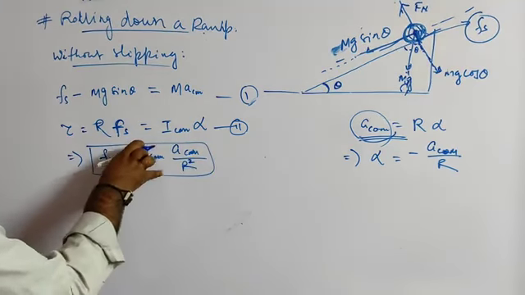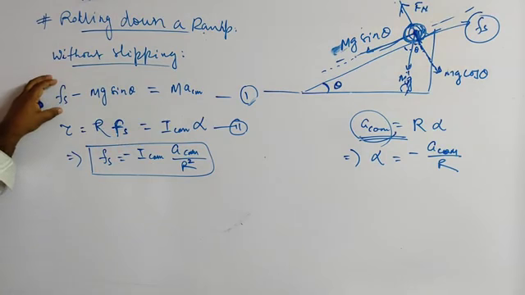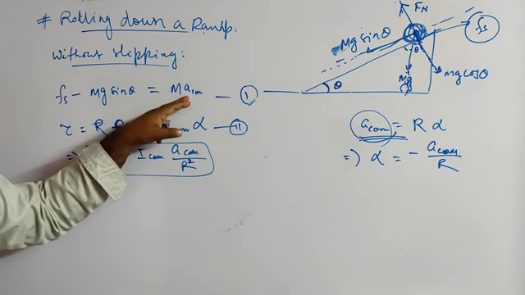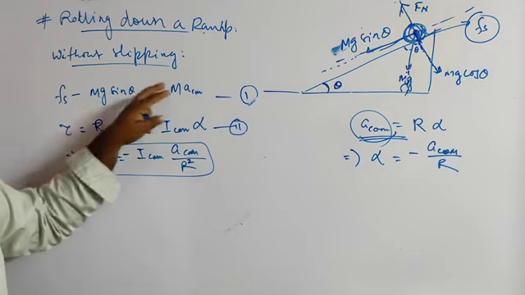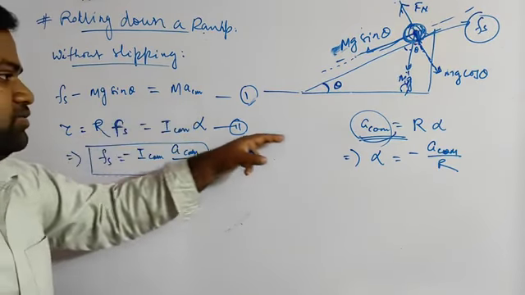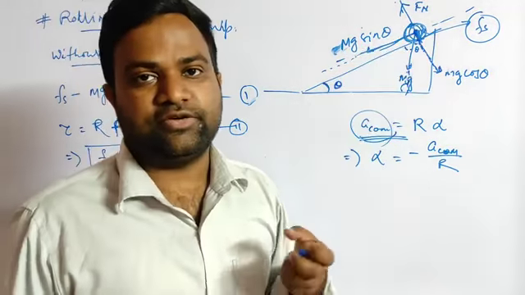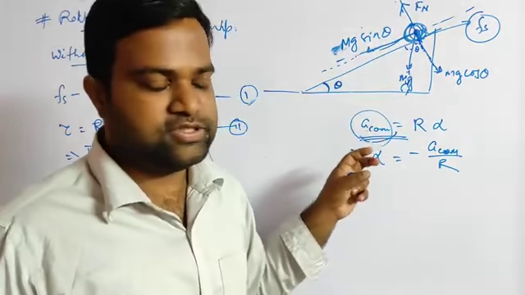Now this frictional force I'll replace in equation number 1, because in equation number 1 we have two unknowns: the acceleration of the center of mass and the frictional force. Mass is known to us. If we replace this unknown here, then we can calculate the acceleration of the center of mass of the object.